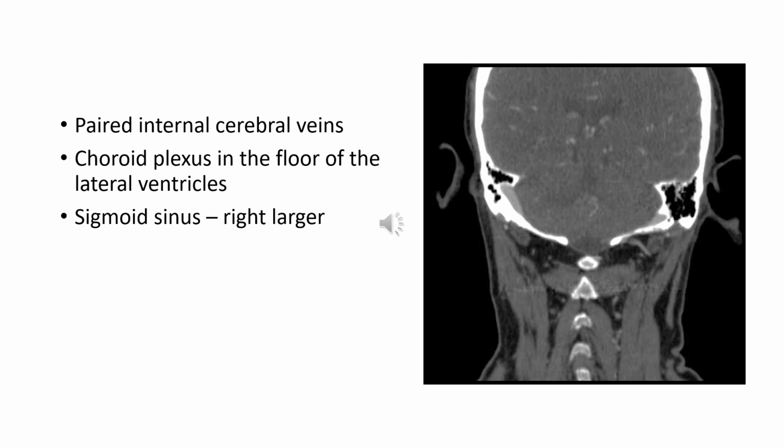The yellow arrows show the choroid plexus and the floor of the lateral ventricles that we've seen in previous talks. And again we see the tortuous sigmoid sinus with the right larger than the left that we've seen elsewhere. So these are going to drain into the internal jugular veins.